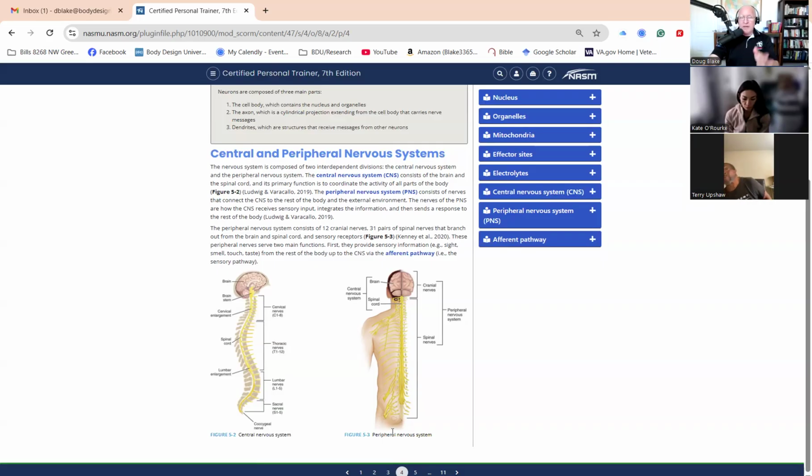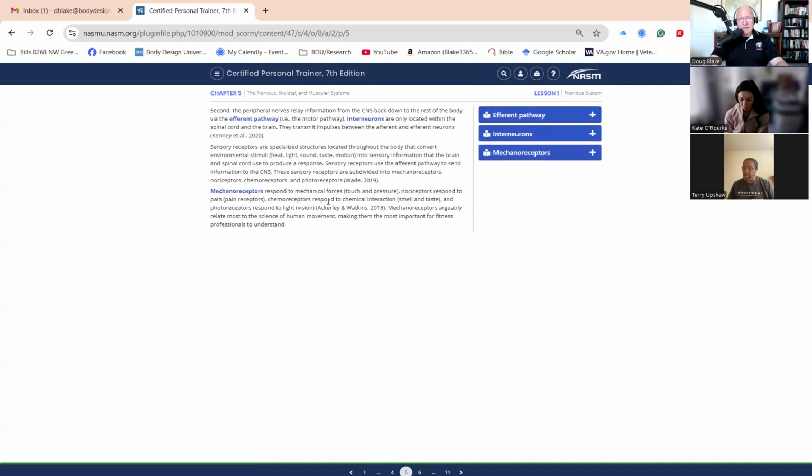All of the nerves that come off of the spinal column and lead to the arms and the legs and the peripheral organs, things like that. So that's all you really need to know from there. And this should bring us pretty close to the end of this first lesson. This is a very brief introduction to the nervous system.